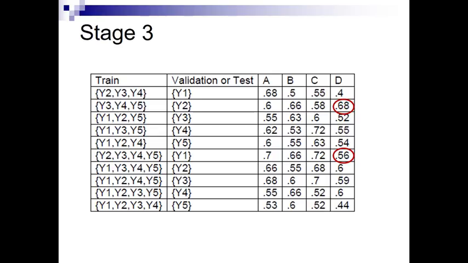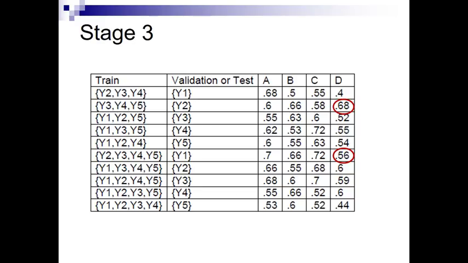So for every fold, we're going to start with fold 1. We have to first do the inner loop to decide what setting we want to use. So I'm going to go to the top portion of this table to find a row that I can use for the inner loop. On fold 1, where my training data is Y2, Y3, Y4, Y5, I need to find a row that uses only those segments and doesn't use Y1.